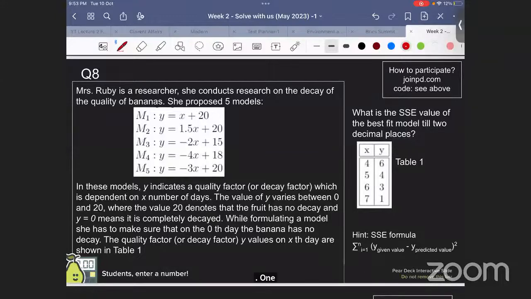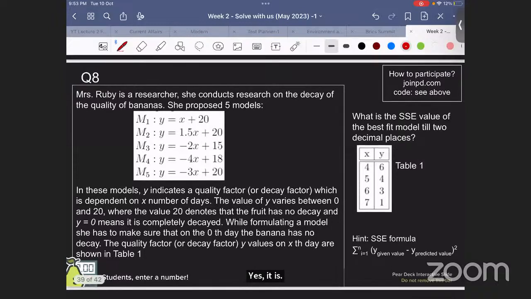See, from seeing the third and fourth equation itself, you can see that it is incorrect, right? Because on the 0th day the value should be 20, right? You can see that on the M3 and M4 the value itself is incorrect. Are you able to understand why M3 and M4 are incorrect?